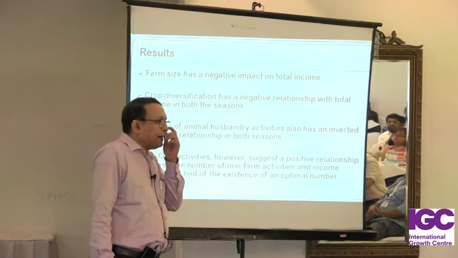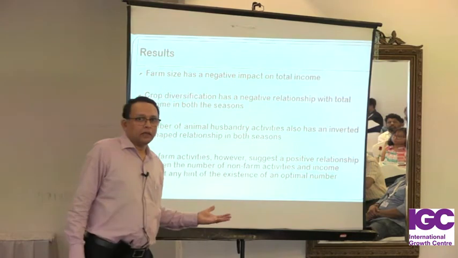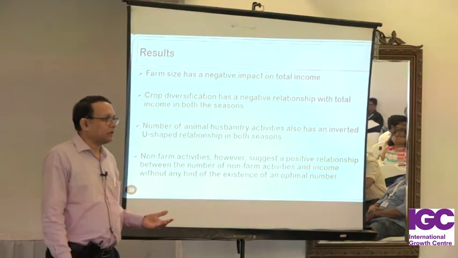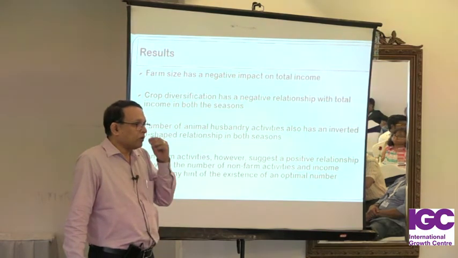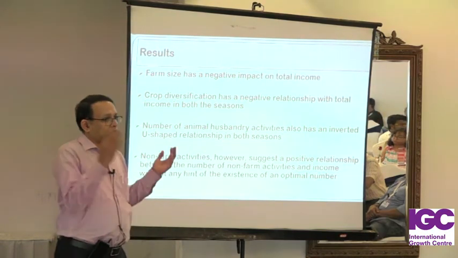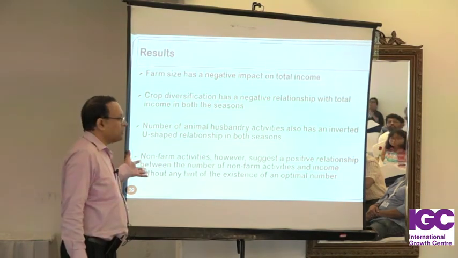Okay. So this could be because we are still at the very low end of the structural transformation. Okay, it's possible. So as you get into higher and higher levels of structural transformation, this may not stand.